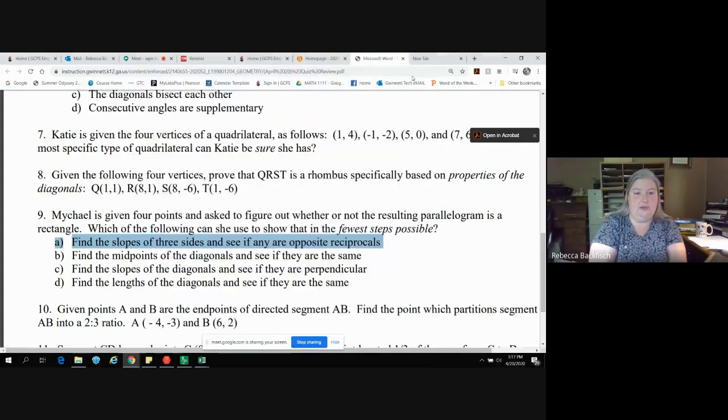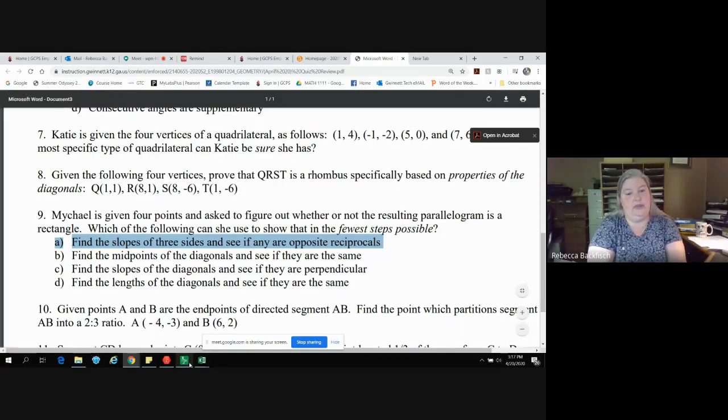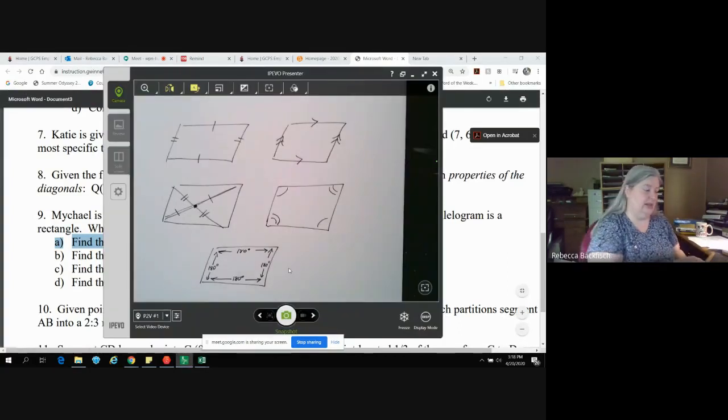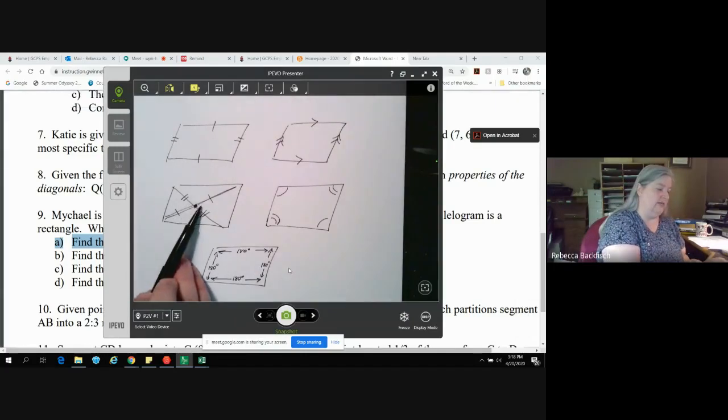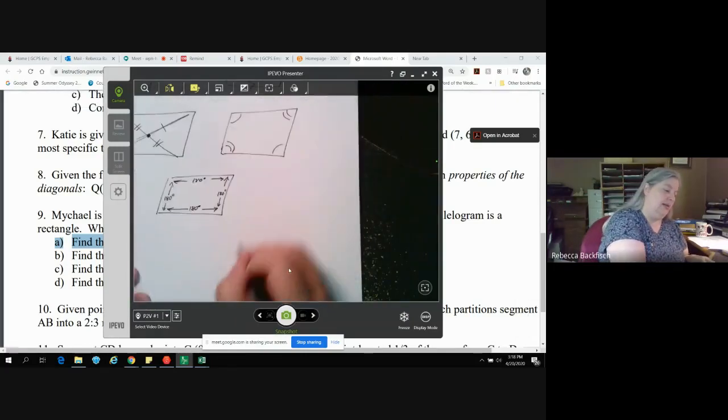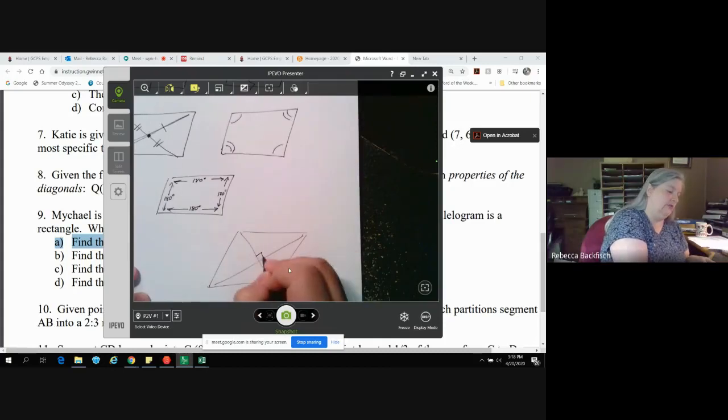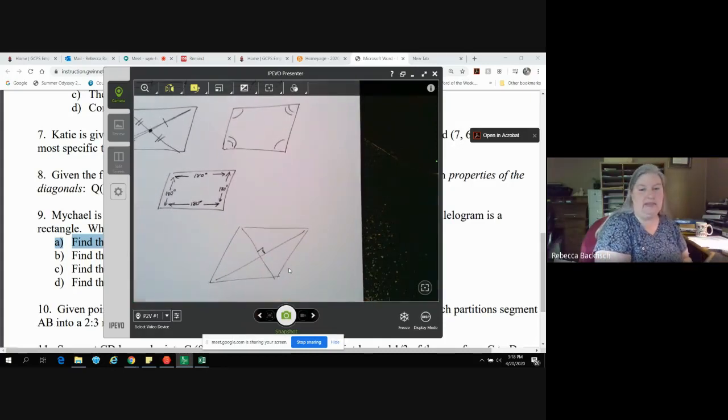C, find the slopes of the diagonals and see if they are perpendicular. Okay, well, slopes being perpendicular is a thing. That means, like, is this a right angle right here? Or is this a right angle right here? But the place that they're a thing for is rhombi. That's a property of a rhombus, which means it's also true for a square. It's also true for a kite.